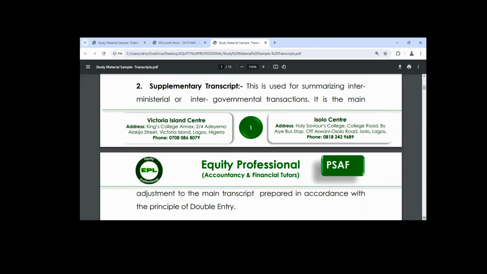When we make a mistake in the cash transcript, and the error is a double entry principles error, the only way we can correct it is by preparing what? Supplementary transcript.